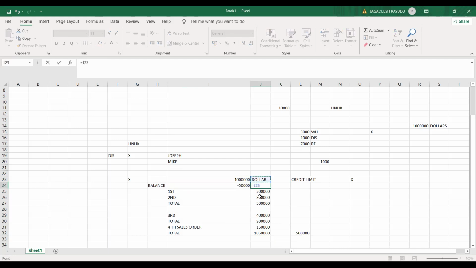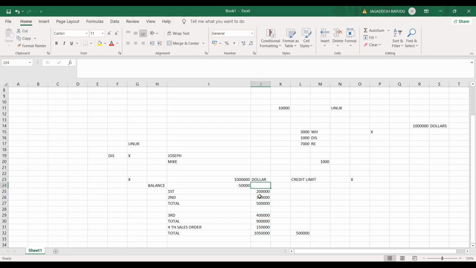What is my consumed limit? We call it the credit exposure that we are going to see in the system.